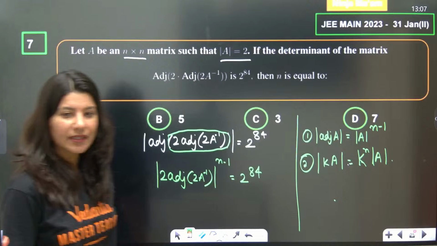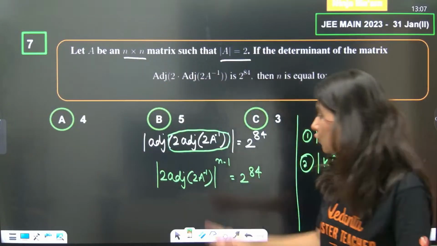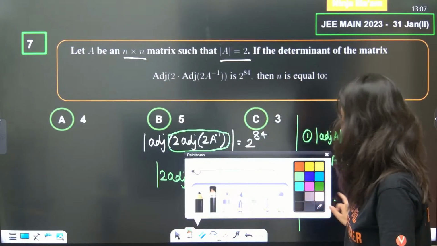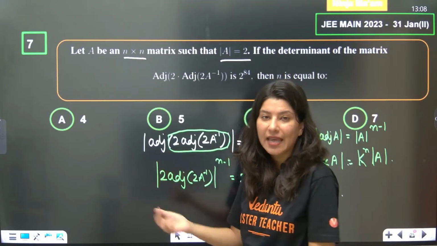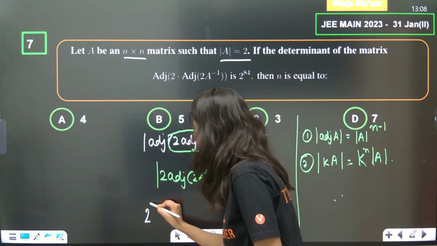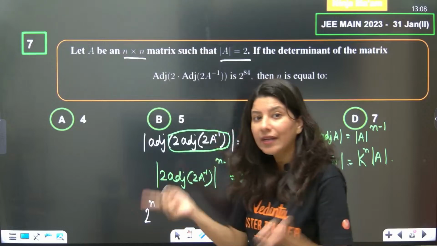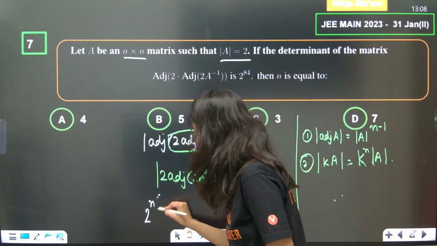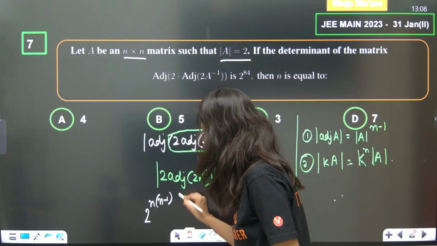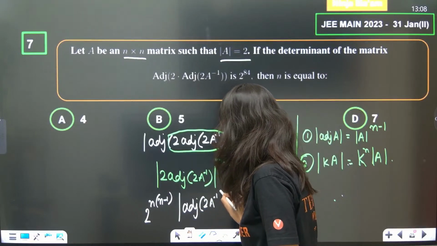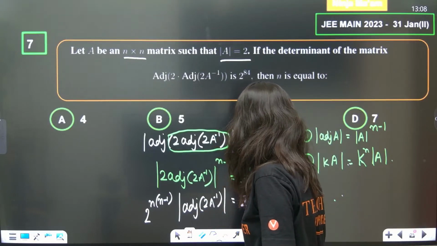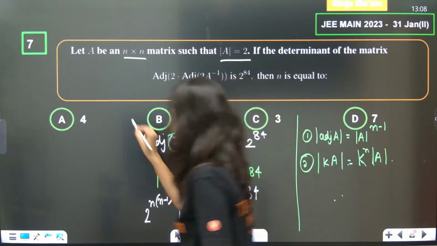First property applied nicely. Now I want this 2 to come out. If this 2 comes out, the power will be n. So 2 power n, but 2 already has power n minus 1, so 2 power n minus 1 will come out, and this is again adjoint of 2A inverse equal to 2 power 84, correct?